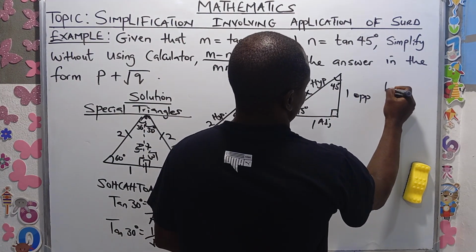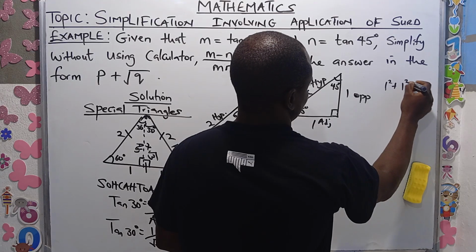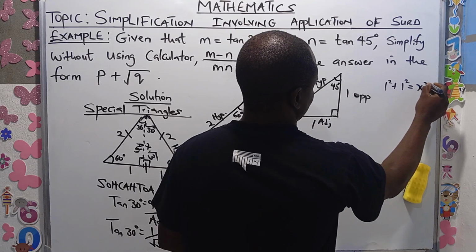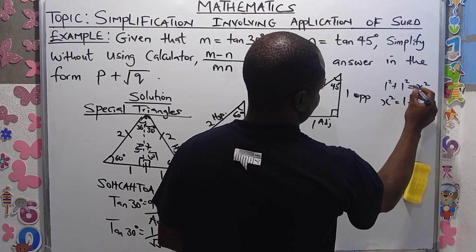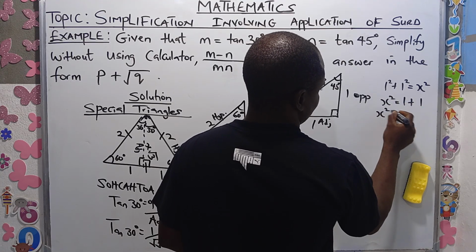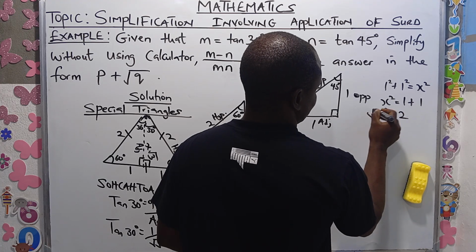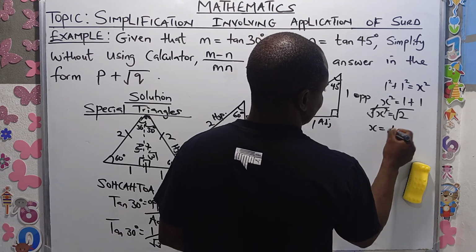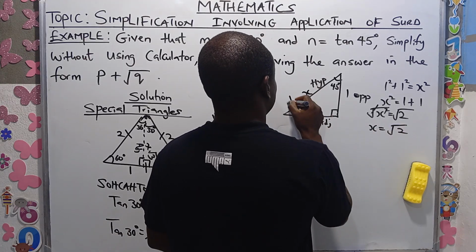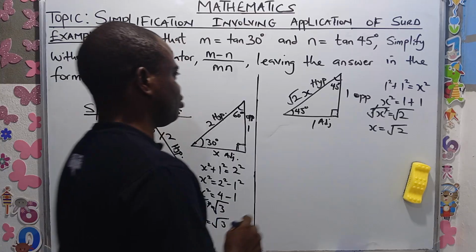Now, 1 squared plus 1 squared equals x squared. x squared equals 2. Find the square root of both sides. x equals square root of 2. The hypotenuse is square root of 2.